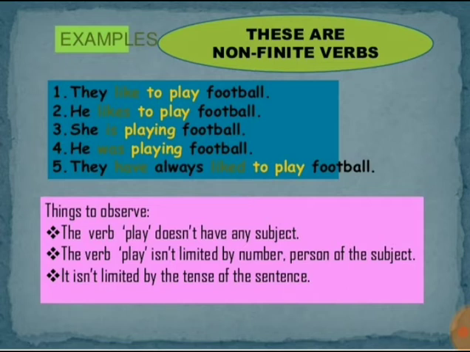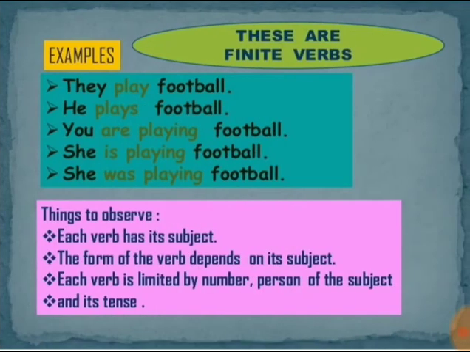Now children, you must know that there are 3 types of non-finite verbs. Okay, dear children. One is gerund, the another is participle, the present participle, as well as the past participle, okay.